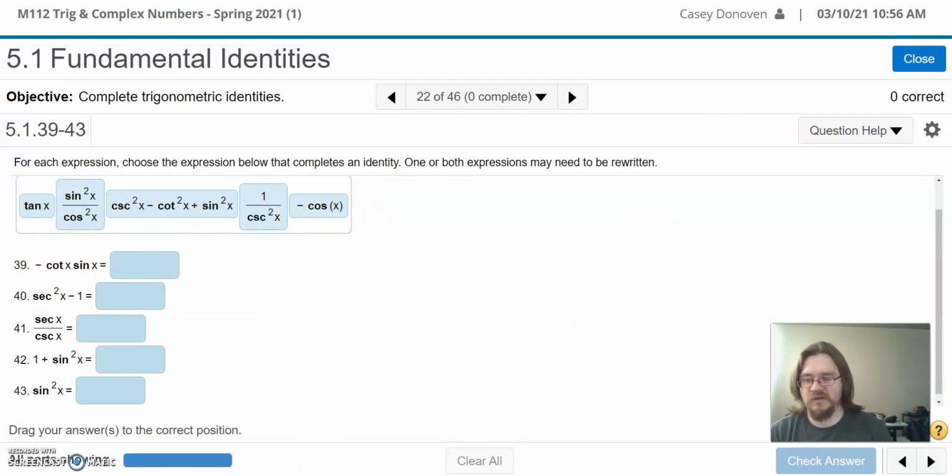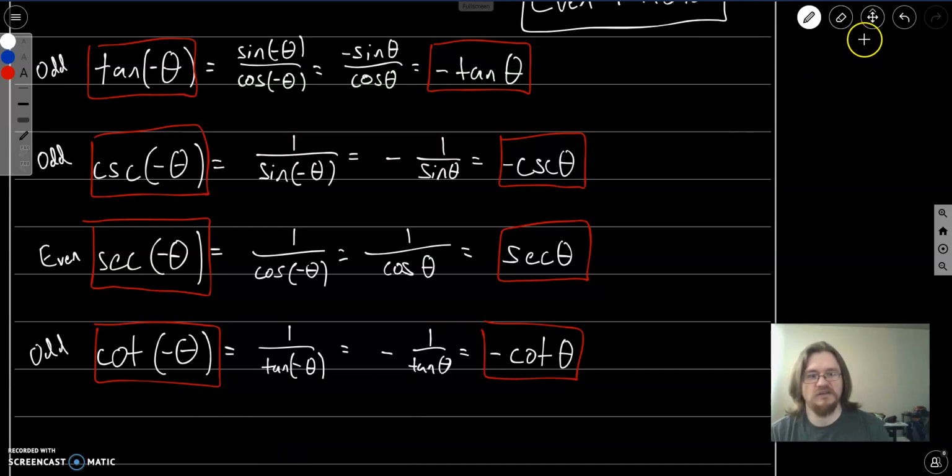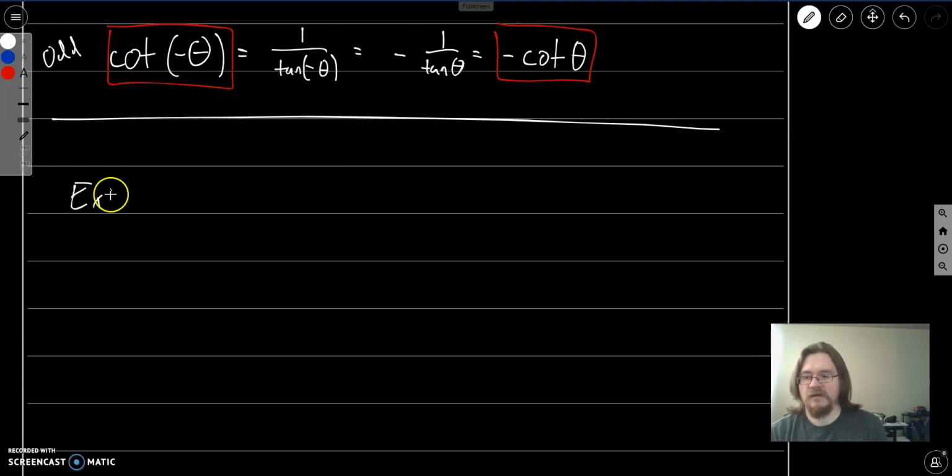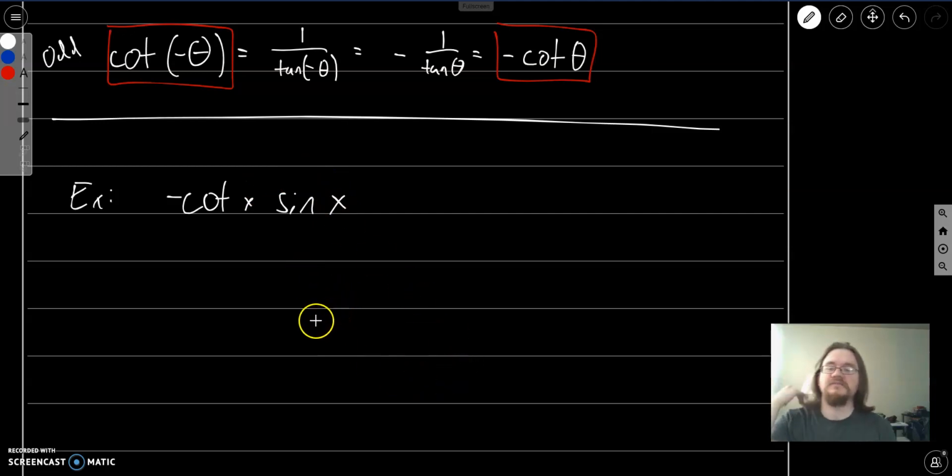So let's come back and write that down. We've got negative cotangent of x times the sine of x. It doesn't matter what the name of the angle is that we plug in here, as long as we're consistent. My best trick for tackling trig functions is that I like to turn everything into sines and cosines.